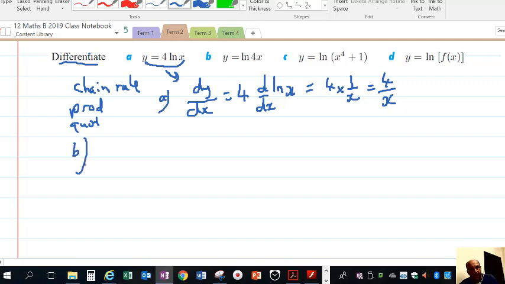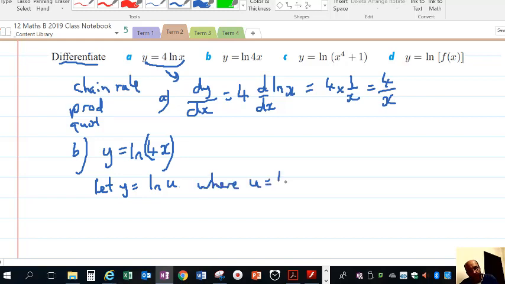Second example, y equals log of 4x. Now that is a different question to the first one. Okay, it's actually a chain rule question. Probably not a difficult one by now, but remember, you've got an inner function. I'll do it the long way, but some of you watching this could probably just do this, because that's y equals log u, where u equals 4x. We've done a lot of chain rule. And du dx, the derivative of the inner function, is 4.